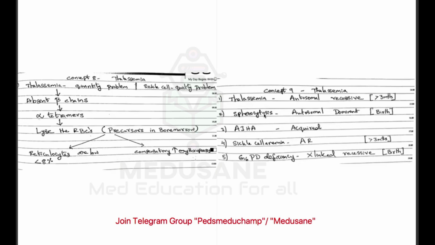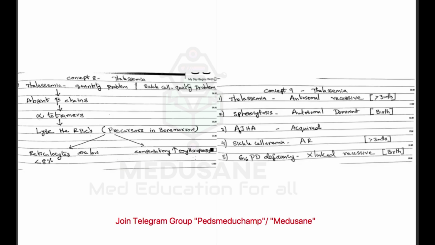There might be a history of splenectomy or pigmentary gallstones in the family. So your case scenario will be like that. Child presenting with jaundice, splenomegaly, hemolytic features with family history of splenectomy. So it is an autosomal dominant spherocytosis, hereditary spherocytosis. So that is the clue, autosomal dominant. So thalassemia is mostly autosomal recessive, though family history may not be there often.